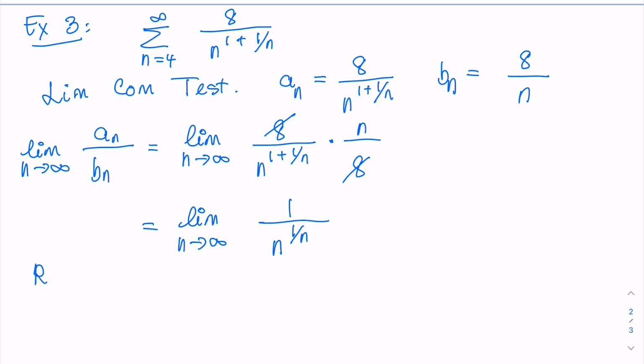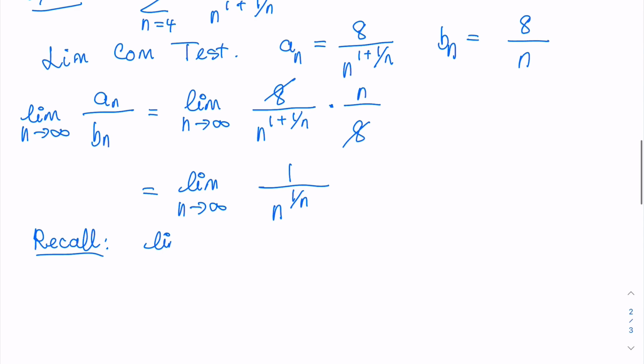Now, recall. How do I take the limit as x goes to infinity of x to the 1 over x power? You can see right here that we have an indeterminate form. So I'm going to have to use L'Hopital's rule and take care of the limit. So I'm going to call L the limit as x goes to infinity of x to the 1 over x power.